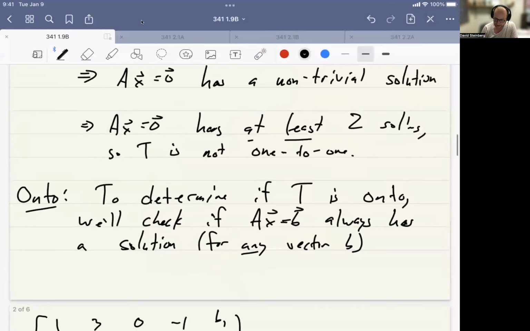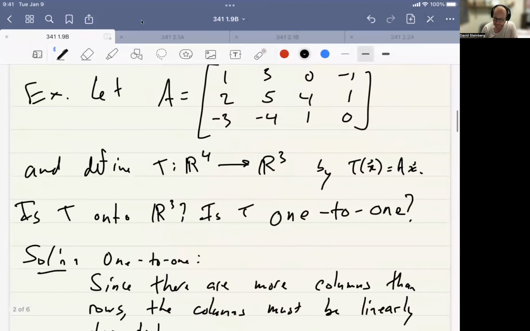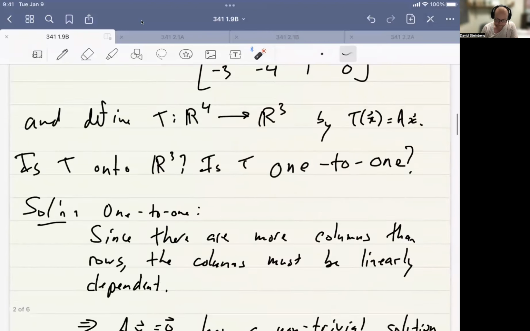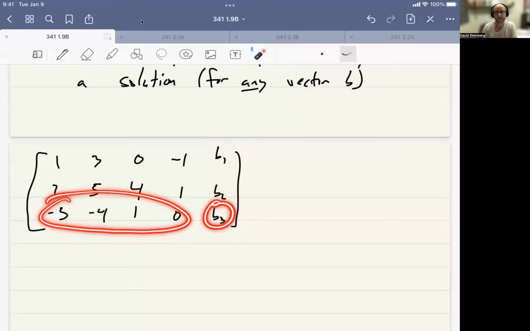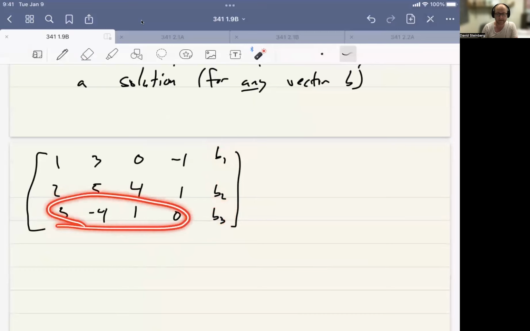This matrix A came from what was given to us. All we're trying to do is figure out, is it possible to get a row of all zeros here and something non-zero there? That would tell us that there are some values of B where the system doesn't have a solution.